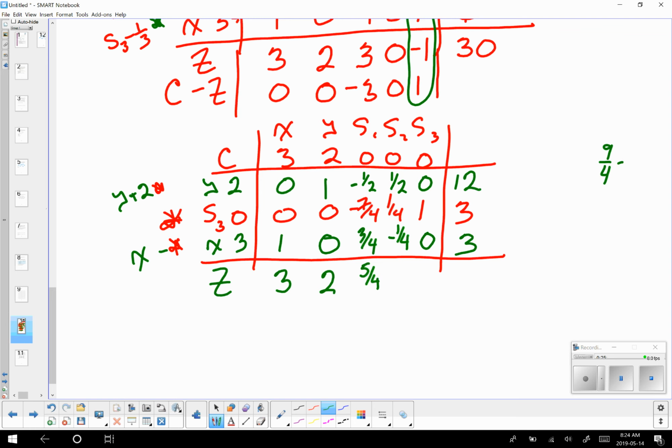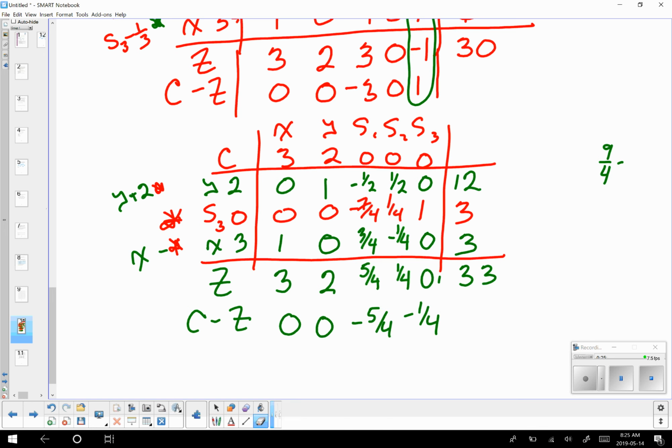And 1 minus 3/4 is 1/4. And this is 0. And this is 24 plus 9 is 33. And when I subtract this time, I get 0, 0, minus 5/4, minus 1/4.